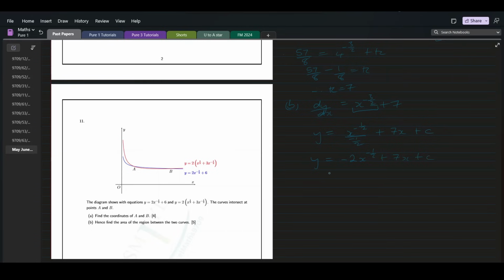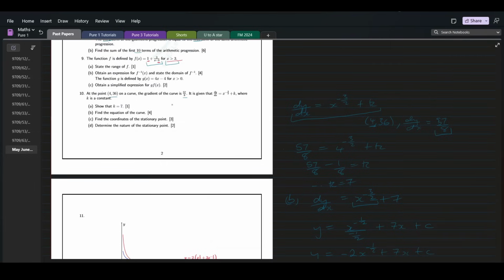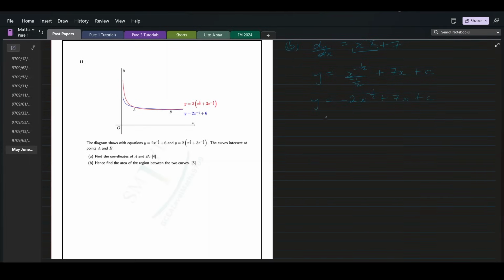Now remember, we're given the point (4, 36). We are given the point (4, 36) over here. We can use that to then evaluate c. So we know that our y value is 36 and x is 4. This is negative 2 times 4 to the negative half plus 7 times 4 plus c.